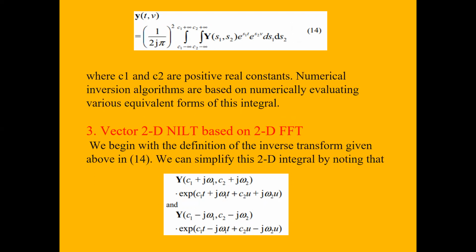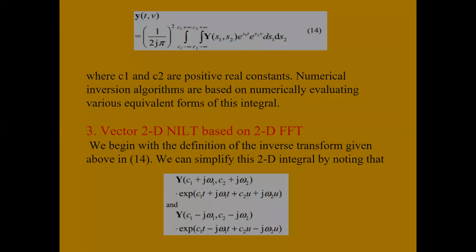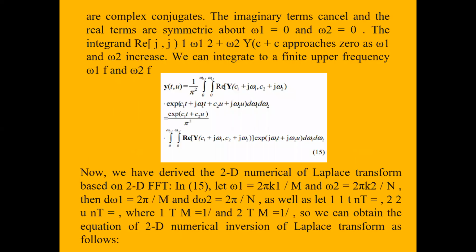We begin with the definition of the inverse transform given in equation 14. We can simplify this integral by noting the terms given in the picture are complex conjugates. The imaginary terms cancel and the real terms are symmetric about omega 1 equal to 0 and omega 2 equal to 0.